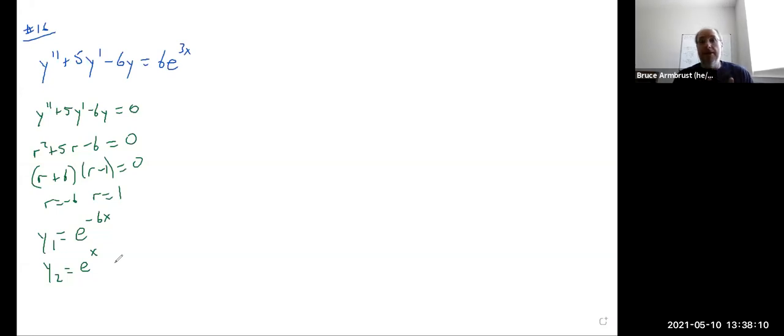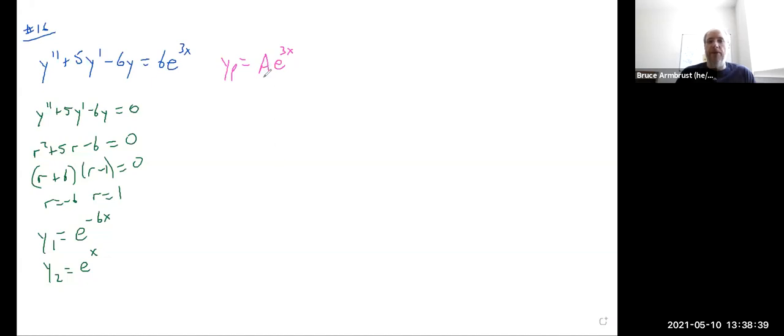So now let's go to the y particular. For y particular, we're going to make a guess. Since I've got an exponential form here, I'm going to guess an exponential form of the same type, but I am going to allow it to have some other multiple a in front of it.